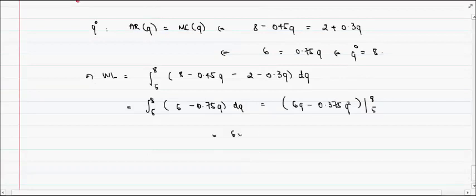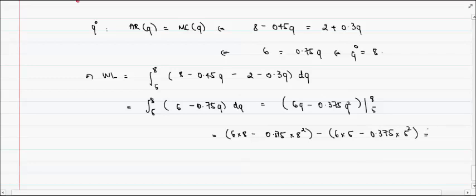So that is 6 times 8 minus 0.375 times 8 squared, which is 64, minus 6 times 5 minus 0.375 times 5 squared.